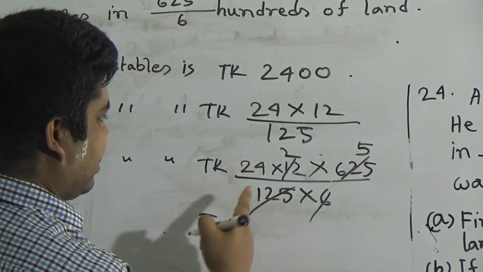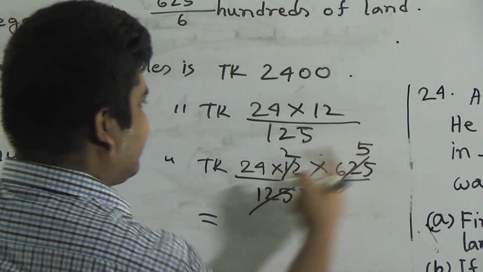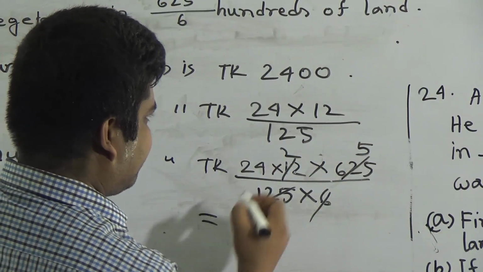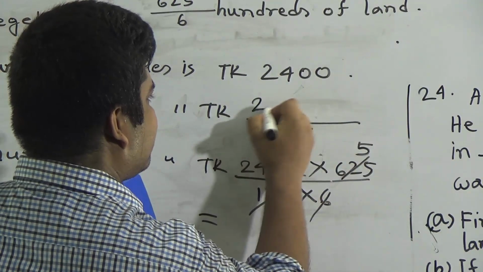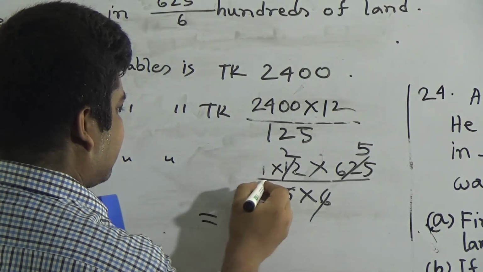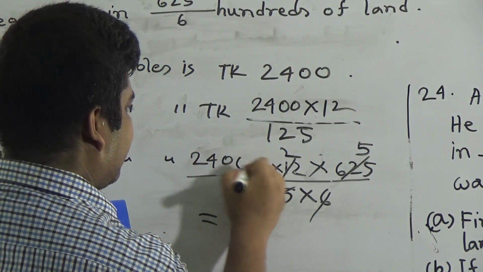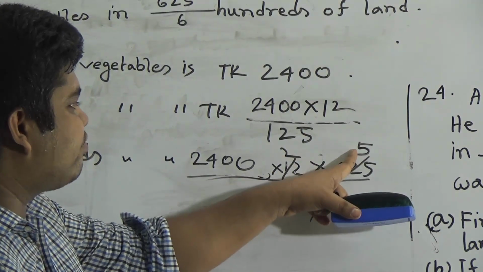Now we multiply. Sorry. This will be 2400 multiplied by 12. Now you notice 5 2s are 10.